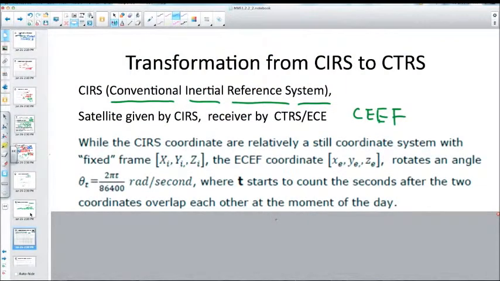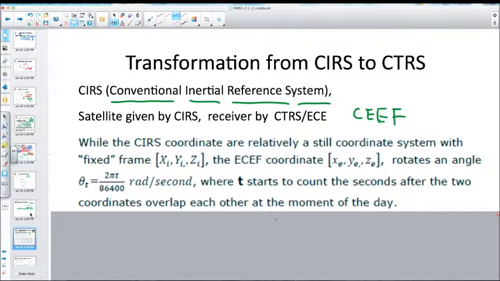When you have this matrix rotated with the Earth, you have the centripetal acceleration. That's acceleration. That's not inertial. When you have the satellite coordinates, they are usually given by the conventional inertial reference system. Let's just call it the inertial system.